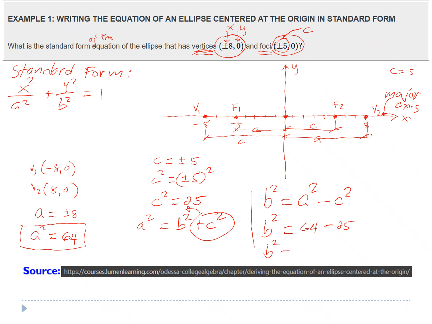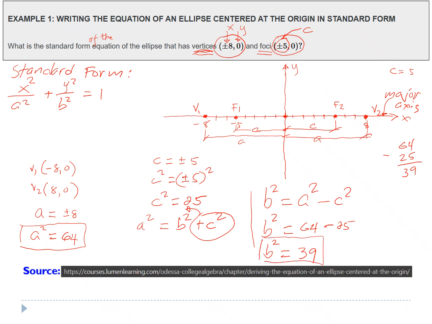So what is our b squared? 64 minus 25. So this is 14 minus 5, 9. Then this becomes 5. 5 minus 2 is 3, so 39. So b squared equal to 39. Is it correct? Yes, so this is our b squared.